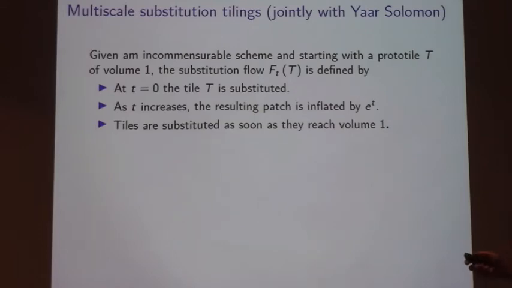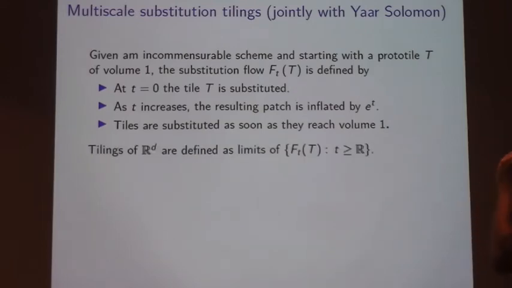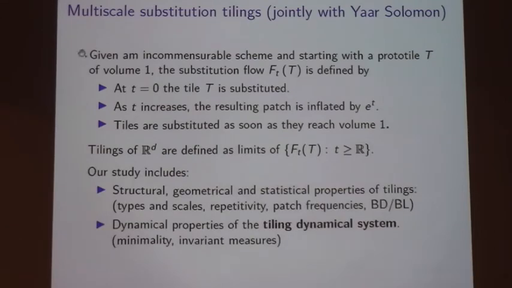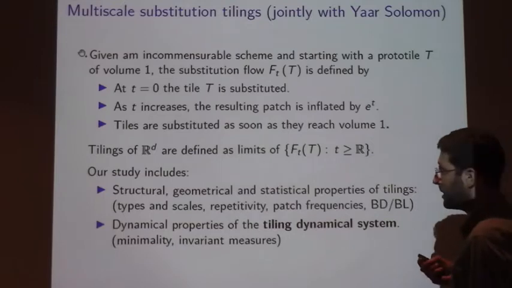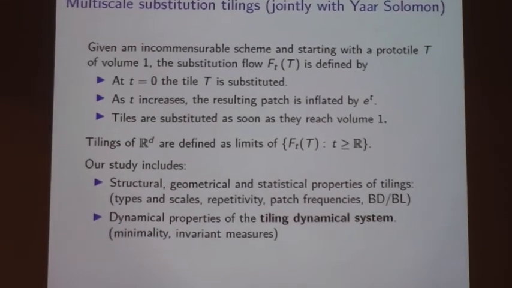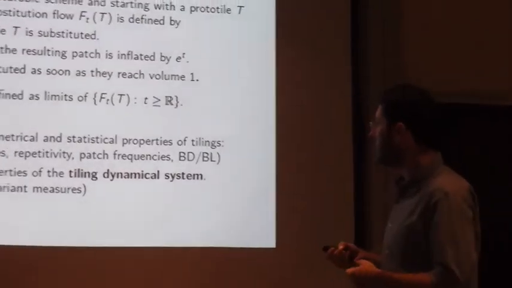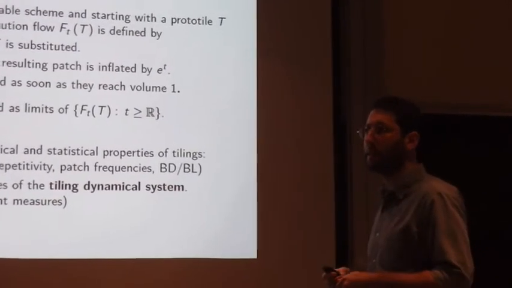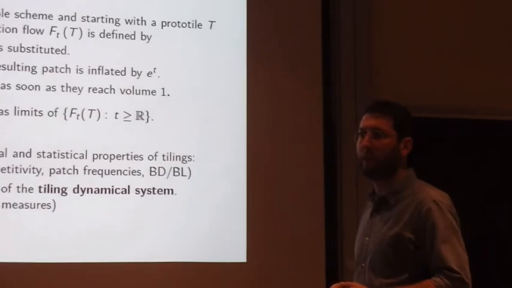So you kind of get bigger and bigger patches, and you can define tilings of the entire Euclidean space as special partial limits of these patches, these generating patches, and we study two main objects. So first we study the tilings themselves, which may have types and scales and repetitivity aspects to them, and patch frequencies, and are they Lipschitz equivalent to lattices, are they bounded displacement equivalent to lattices, et cetera.